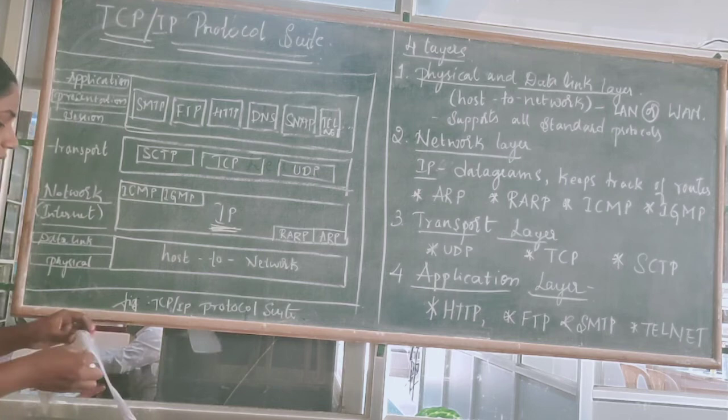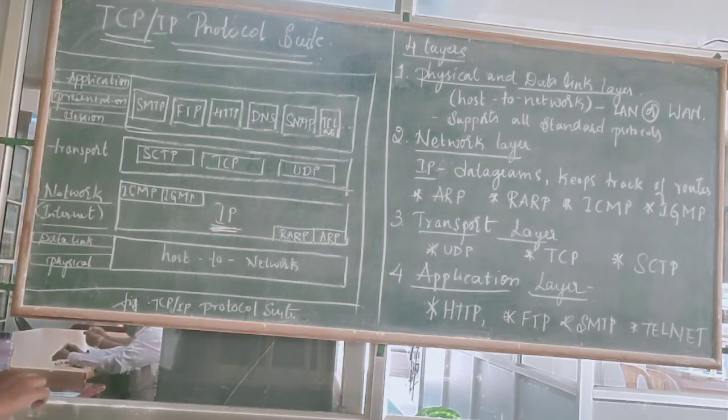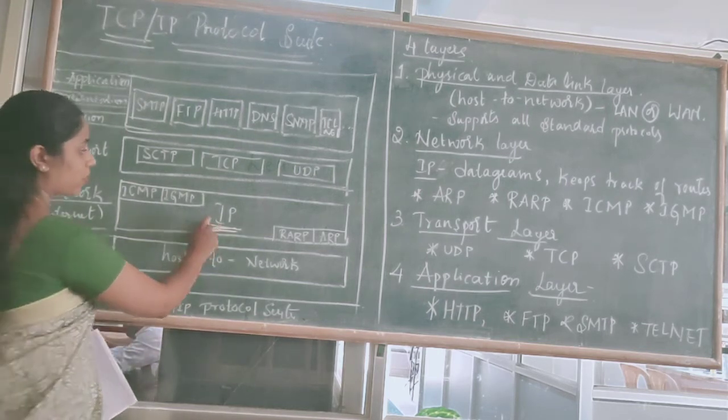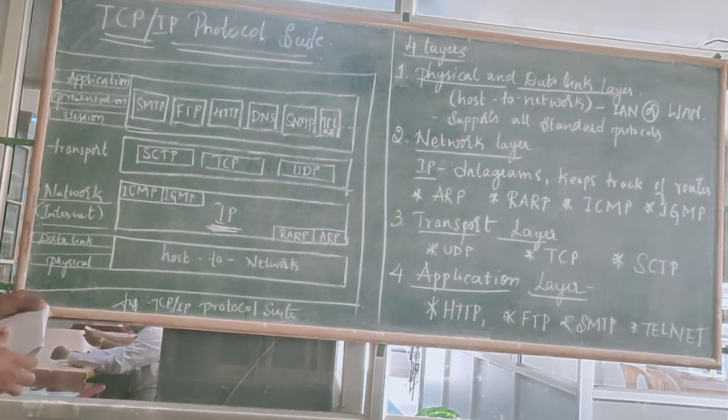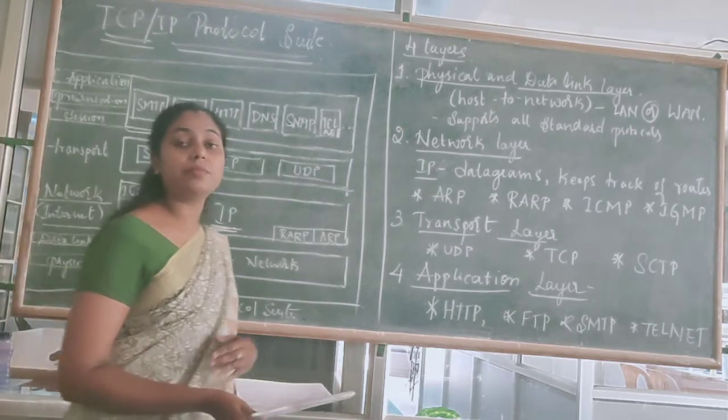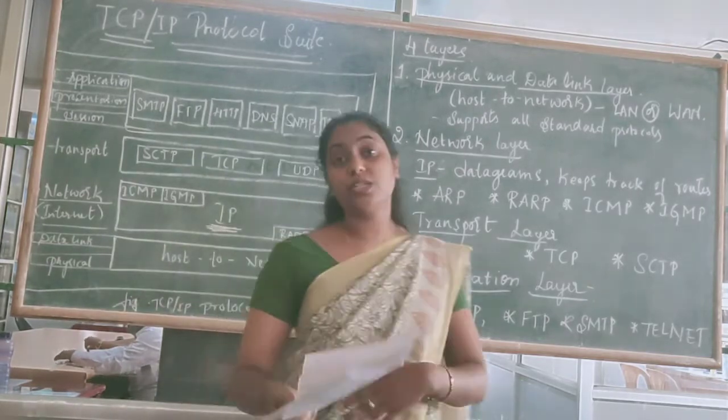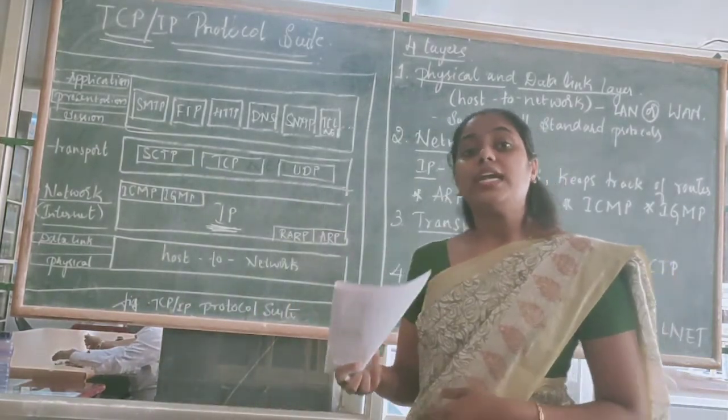First, the most important one in this network layer is IP, Internetworking Protocol. What happens is the transport of data in this network layer. The data is transferred to the receiver in the form of datagrams.